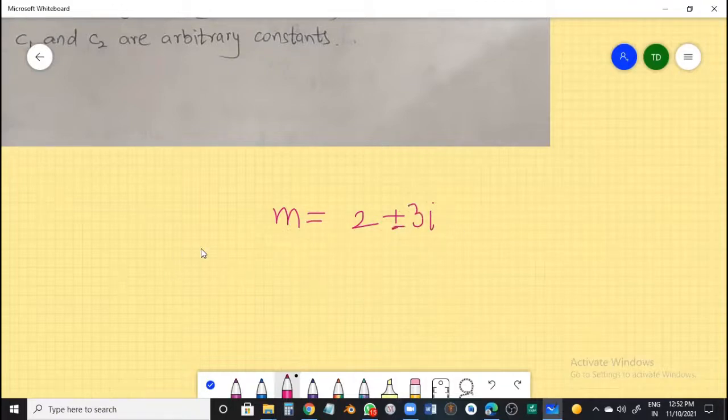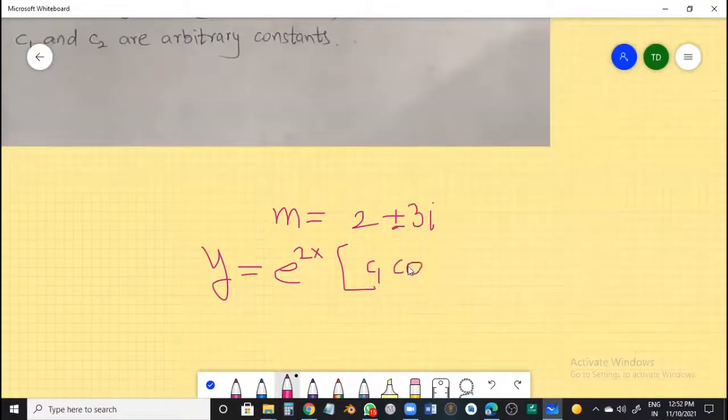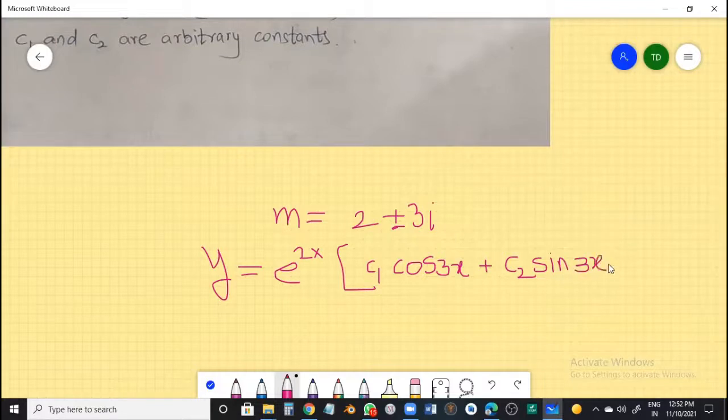Then what is the complementary function? It becomes e raised to the real part, in bracket arbitrary constant C1 times cos 3x plus C2 sin 3x. Got it?